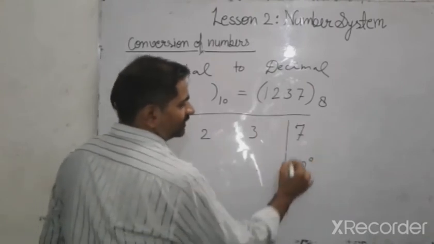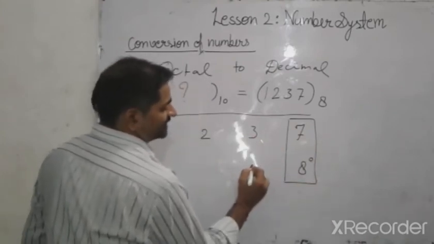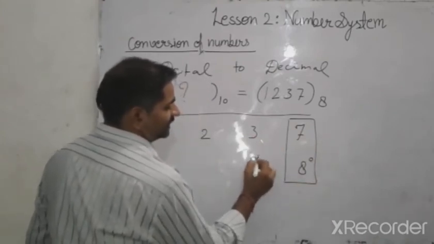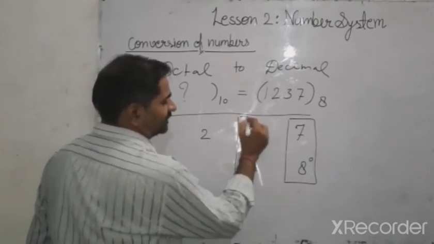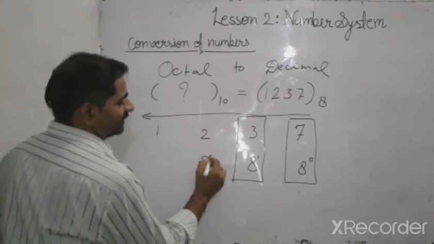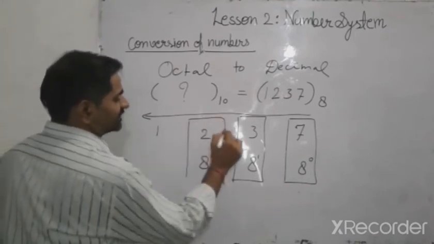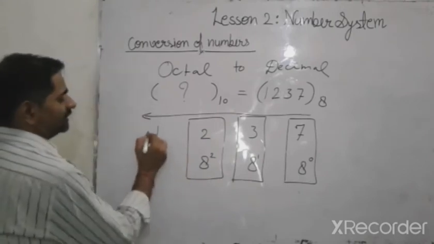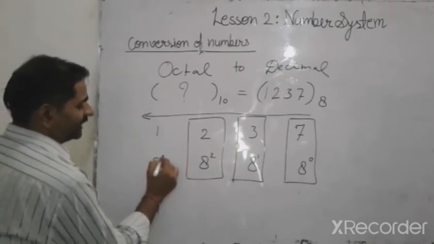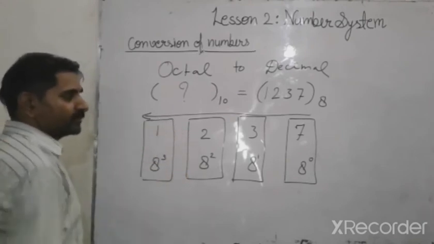So one pair is this. Now to form the second pair we write 8 to the power 1. Now we increase the power by 1, so 8 square. This is the third pair, and here we take 8 cube. This is the fourth pair.